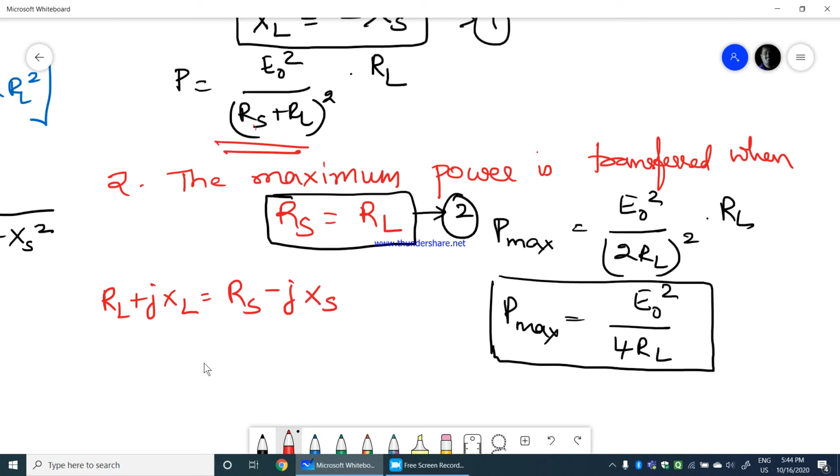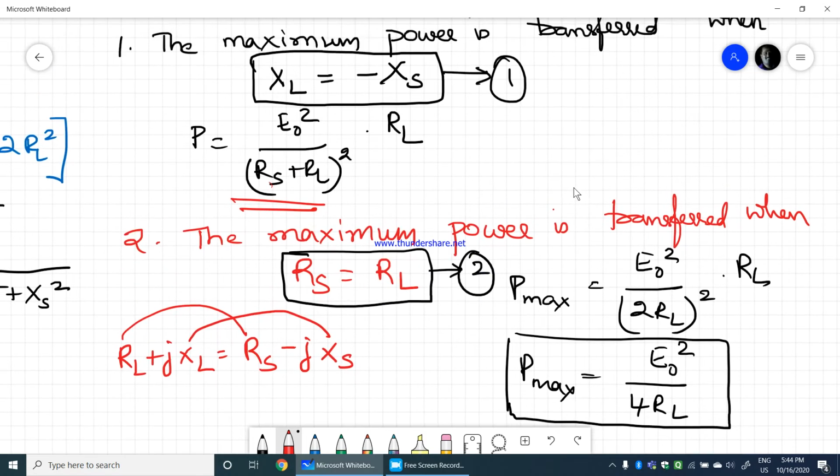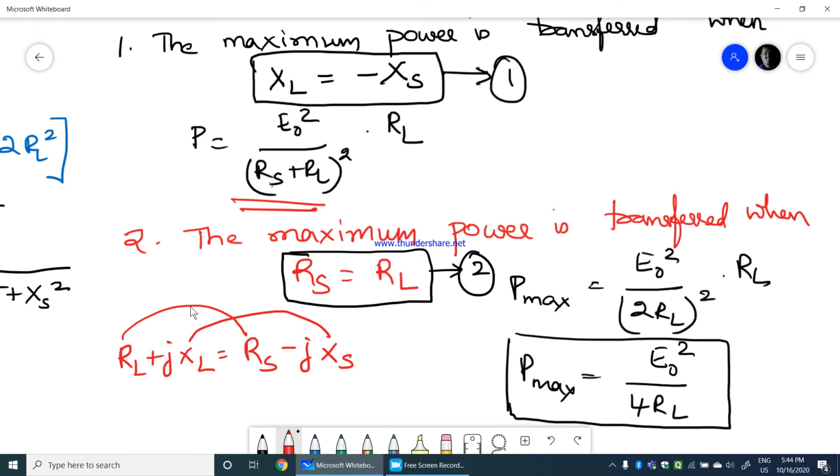Why? Because we always equate the real part and we always equate the imaginary part. So when we equate the real part, it becomes RL equals RS. When we equate the imaginary part, I get XL equals minus XS. So I get these two conditions from this expression which I have written.